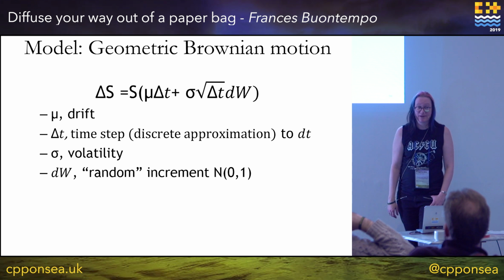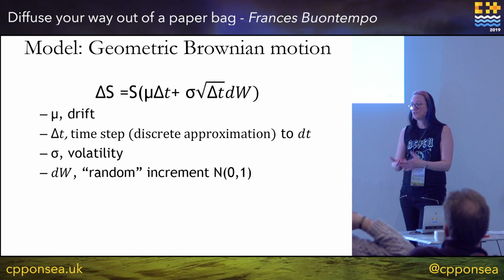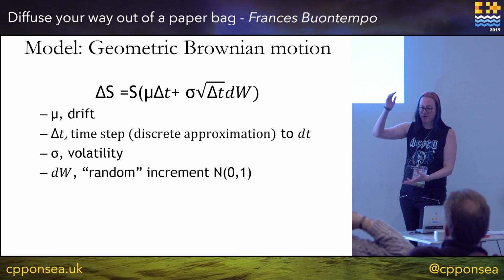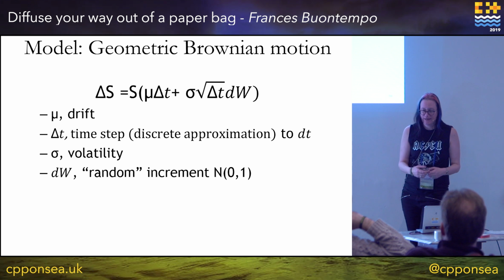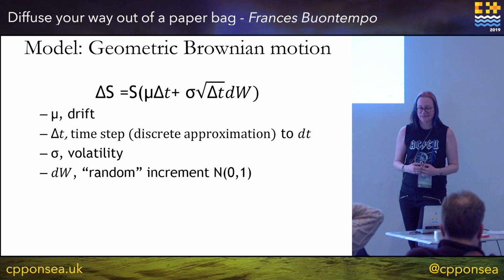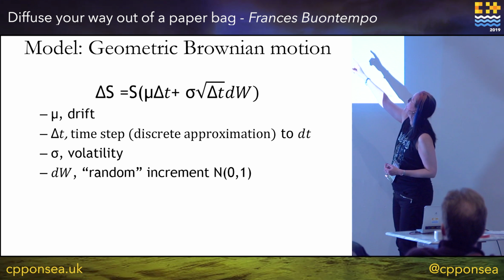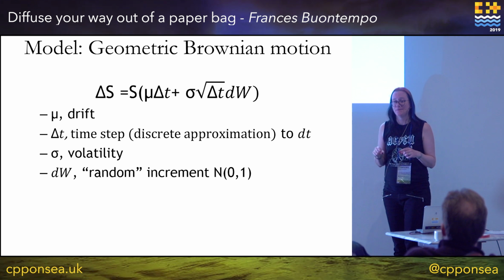Got some dW again in here, and the square root of the time step still, which is controlling how much the wiggles are, just like in the last one. But now we've got this extra part: a mu times the time step.